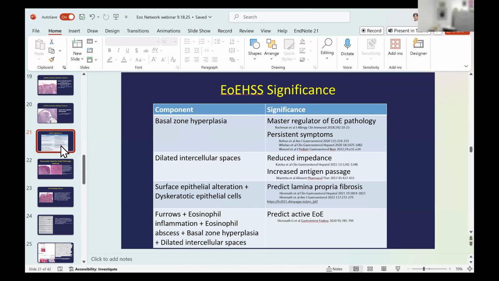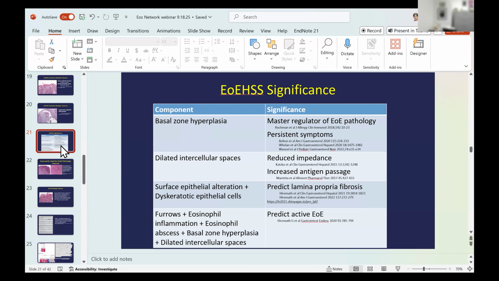Surface epithelial alteration and dyskeratotic epithelial cells predict lamina propria fibrosis. And this is important because a lot of biopsies don't have any lamina propria attached, and if they do, it's crushed by the pinching mechanism of obtaining the tissue, so it's unevaluable, actually. But the other two things are evaluable in just about every biopsy that's obtained.